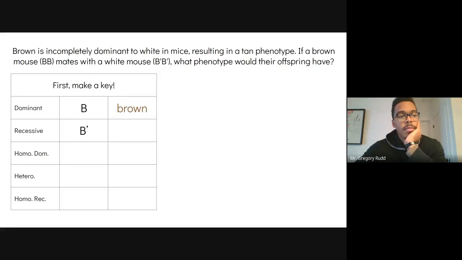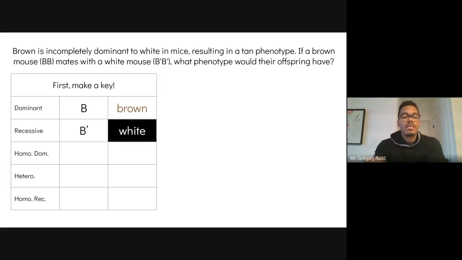Which trait does this B prime code for? White. Thank you, Brianna. Okay.